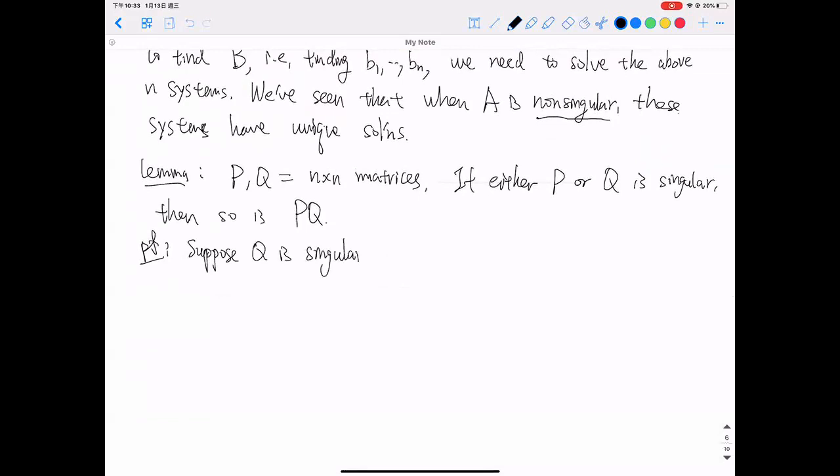Suppose Q is singular. What does that mean? That means the homogeneous system associated to Q has a non-zero solution.